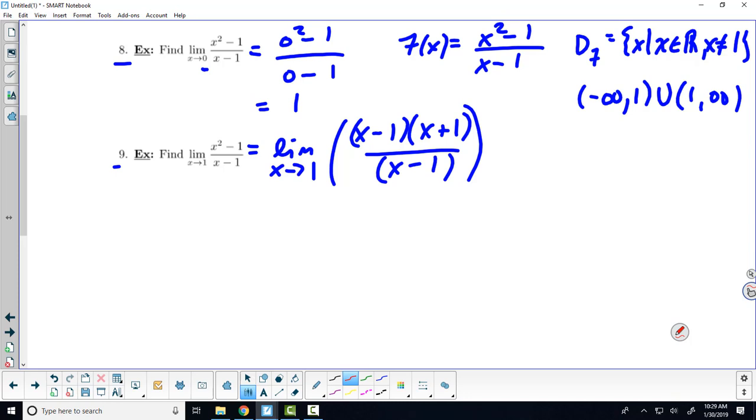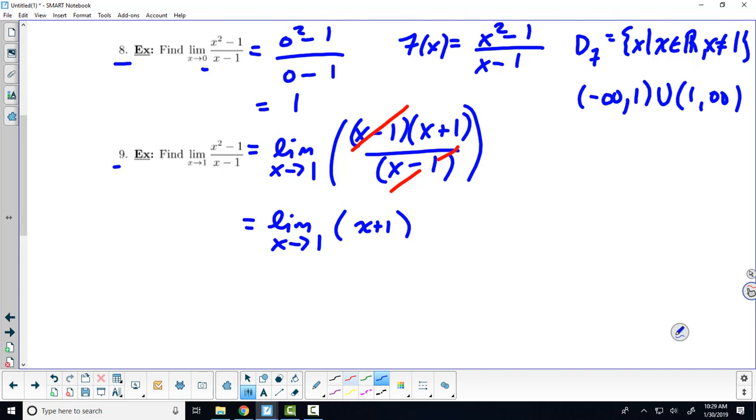We saw this problem before. Notice that as long as x isn't 1, which it's not, because we're just approaching 1, we're not plugging in 1, I can cancel out those two factors. This gives me the limit as x approaches 1 of x plus 1.